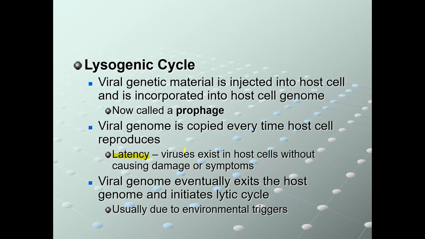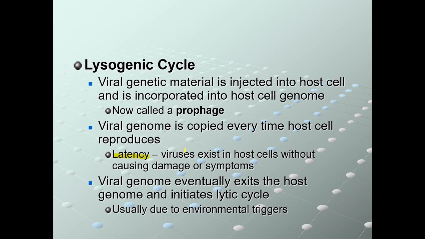Now here's what it does: because it's in the genetic material of the host, every time the host copies its genetic material and copies the cell, new viruses are going to be copied as well. And so remember here we're talking about bacteriophages, so we're talking about bacteria, but the same thing could happen within us. If we have a virus that is just kind of hiding within our cells, we could be making more and more and more of those cells that contain that virus.